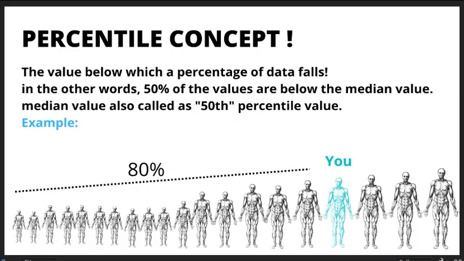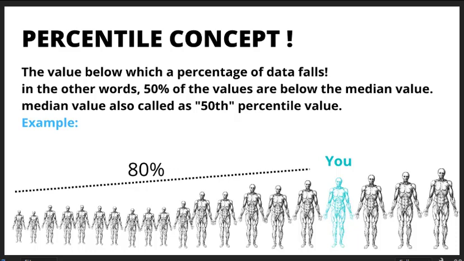Which implies that if 80% of the people are shorter than you, you are the 80th percentile, right? And if your height is 1.85, then you can say that there are 80% of the people below 1.85.